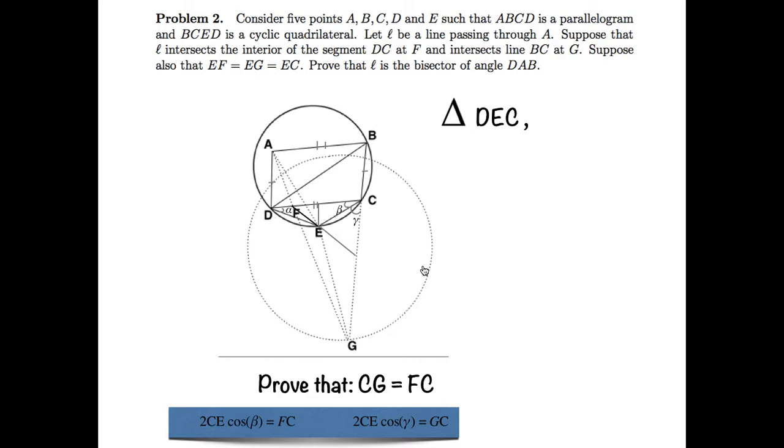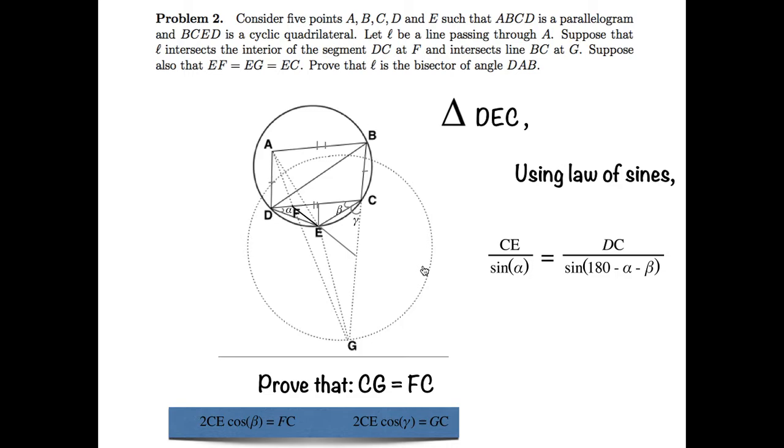So to use the law of sines, what you can say is that CE by sine alpha is equal to DC by sine of 180 minus alpha minus beta, and 180 minus alpha plus beta will give you sine alpha plus beta. So what I'm talking about is this.